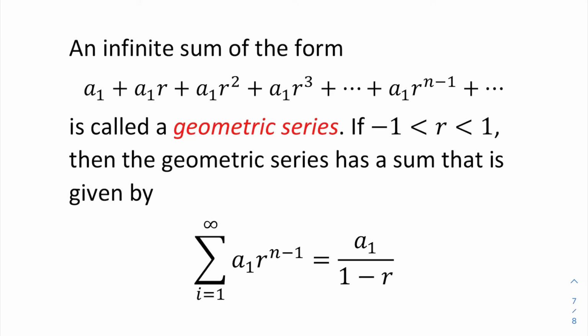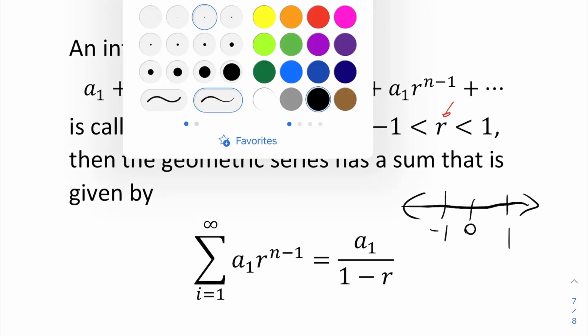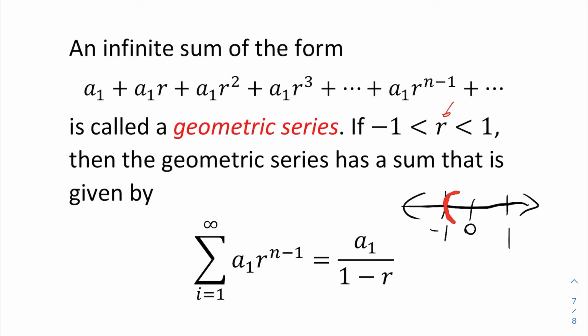Well, it turns out that if r, the common ratio, is between negative 1 and 1, on the number line, if your common ratio falls on this open interval, so it can't be 1 or negative 1, obviously, but if it's a number between 1 and negative 1, then that infinite sum is actually going to give you a finite number.